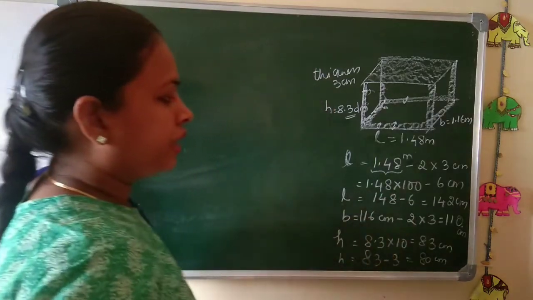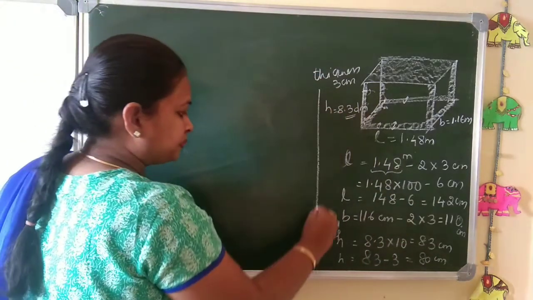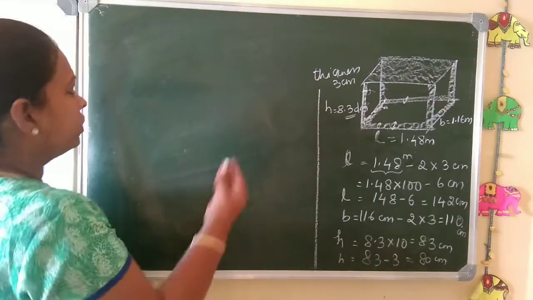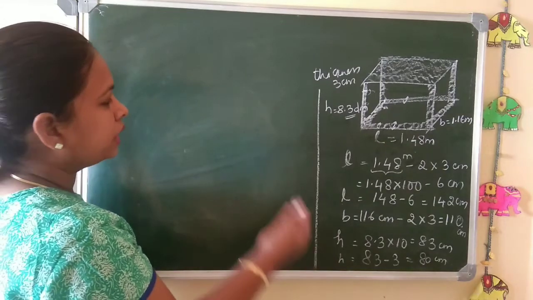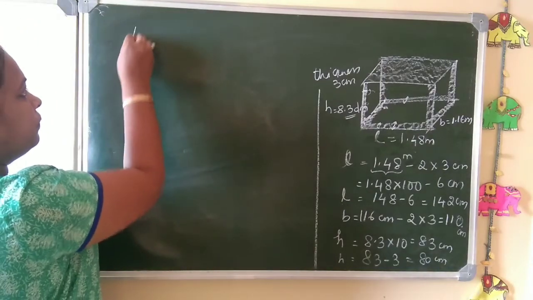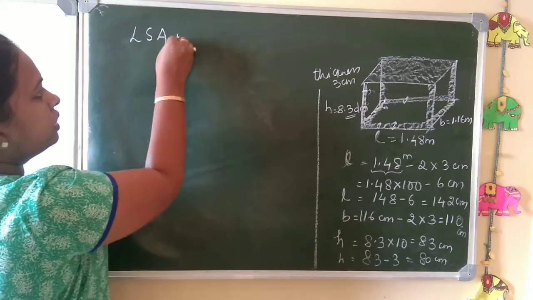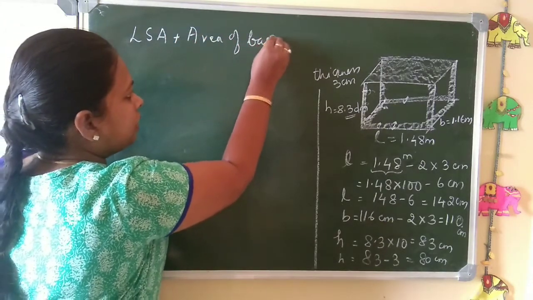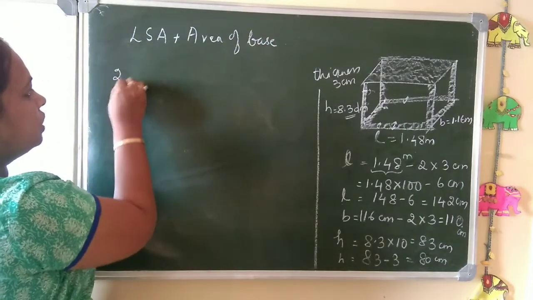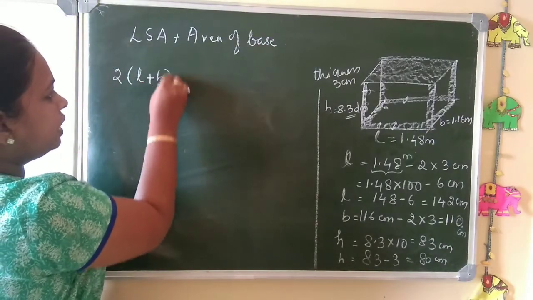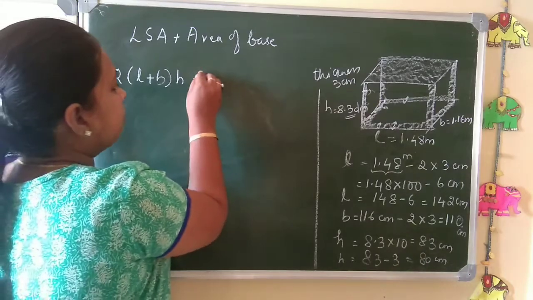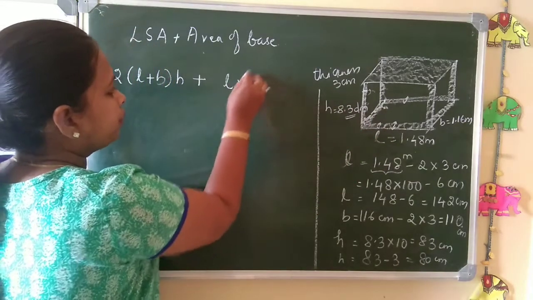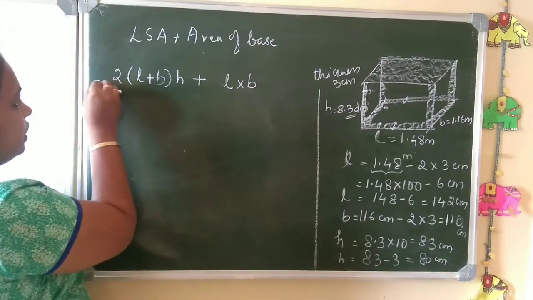So now we will find out the cost of painting it. For finding out the cost of painting it, first write down the lateral surface area plus the area of base. Lateral surface area will be equal to 2 into (L plus B) into H, plus the area of the base, which is equal to L into B. So now substitute the values.